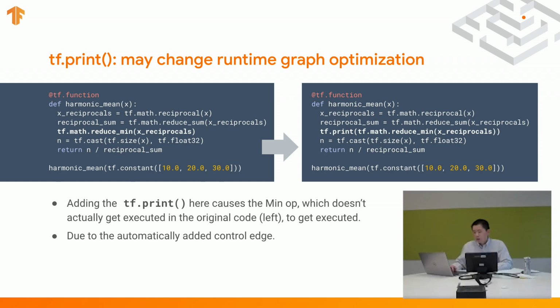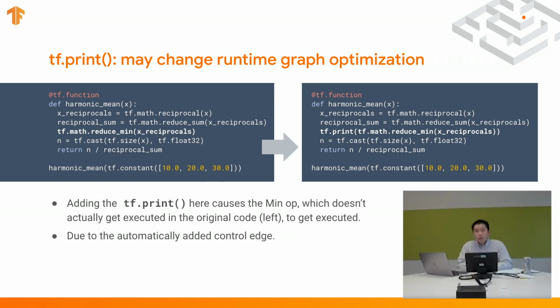When the tf.function is executed at runtime, Grappler is going to do its job and prune out that mean op. So the mean op will not actually get executed at runtime. However, if you use tf.print, you will change the optimization. You're going to attach the output tensor of the mean op to the string format and the PrintV2 as I mentioned before.